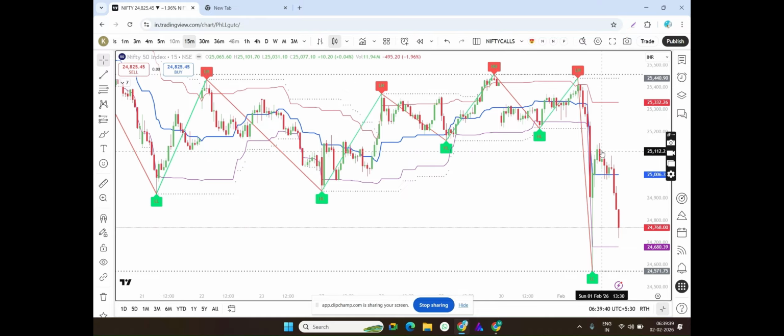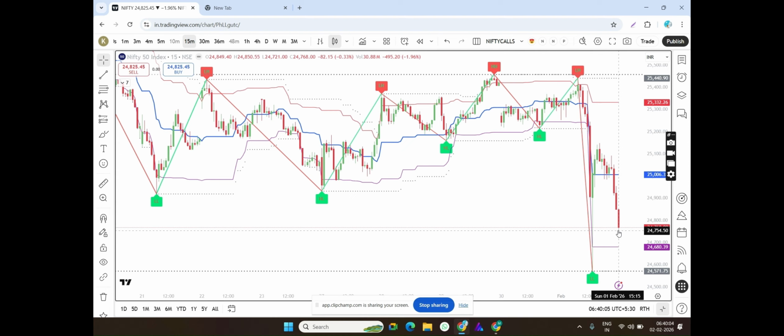We tried to move up, but we failed here, a double top on 15 minutes time frame. We back tested, tried a pullback, made a lower high here, and again definite trend change we got at 25,000 level on the 15-minute chart. So the trend on the 15-minute charts is clearly down. We need to watch 25,000 levels for trend change.